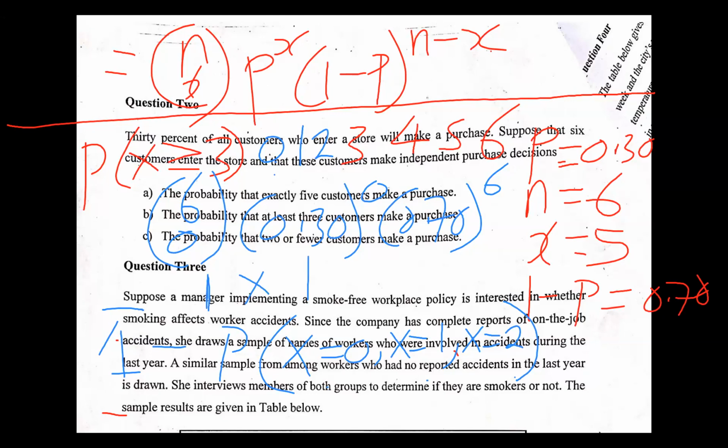Times what is 0.70 to the power 6? 0.117649. Even 4 decimal places, I think it's okay. So when you multiply everything, 1 times that, obviously the answer will just be this one for 0.